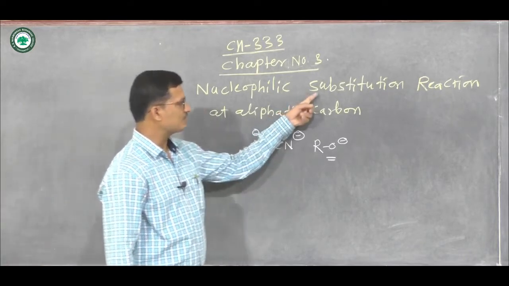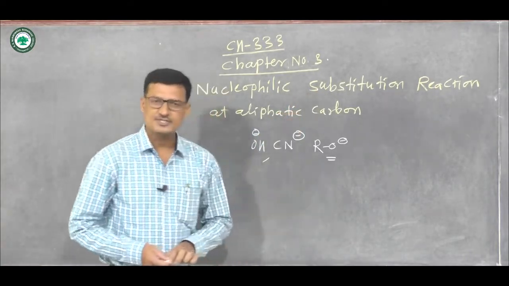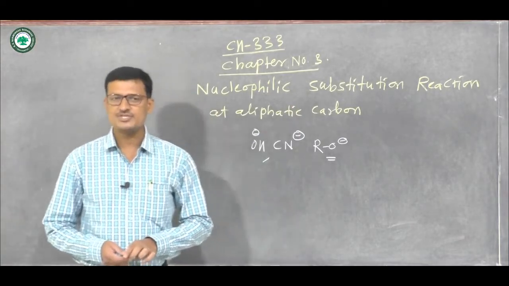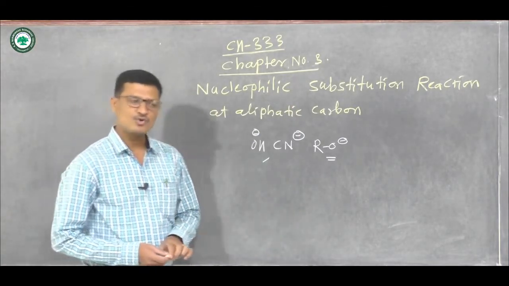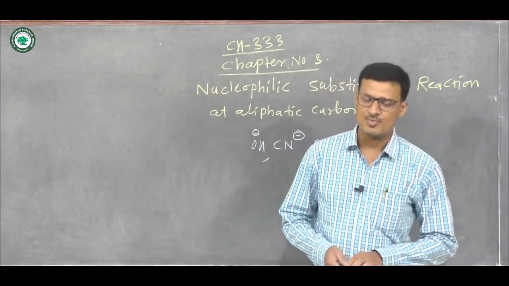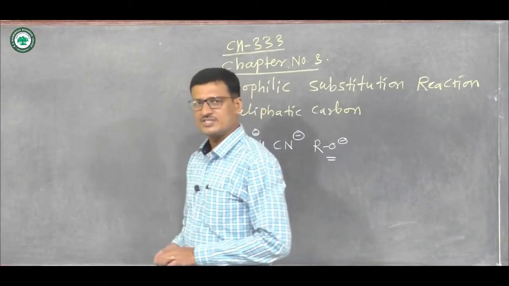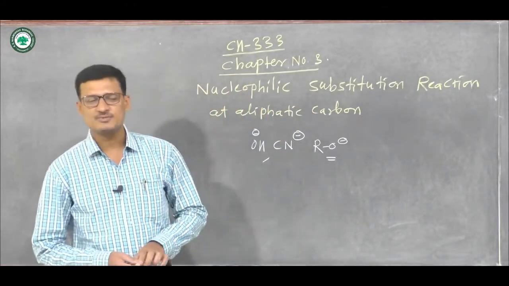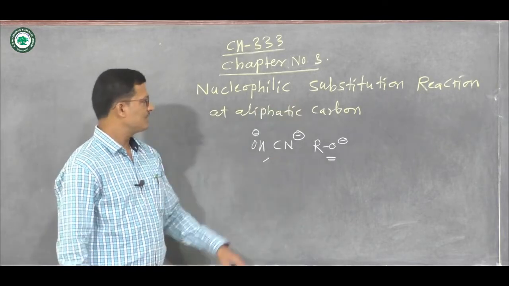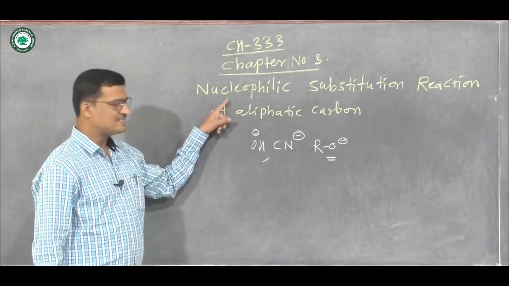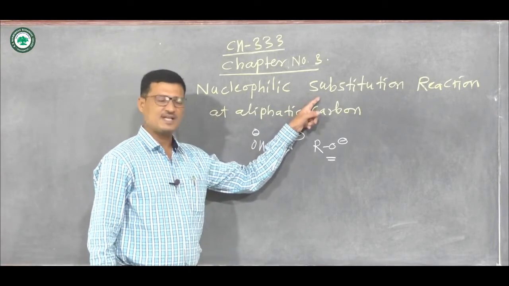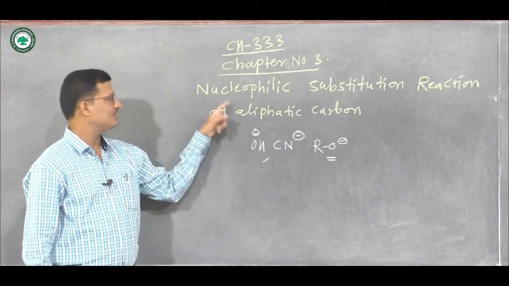Then what is meant by the substitution reaction? The substitution itself indicates a reaction in which an atom or group of atoms is replaced by an atom or group of atoms of the reagent. Means in a substitution reaction, the nucleophile replaces the leaving group from the substrate, and instead of that leaving group there is a nucleophile.